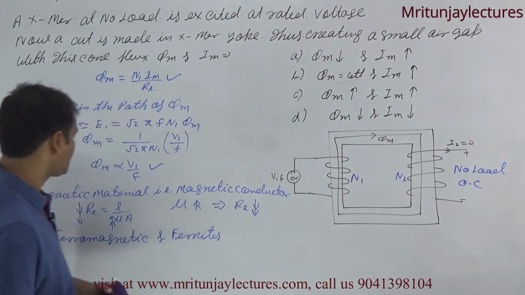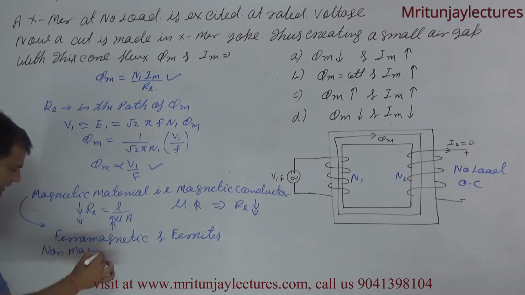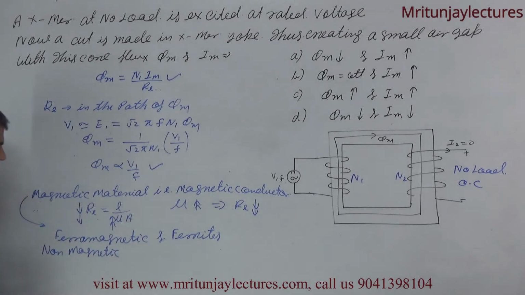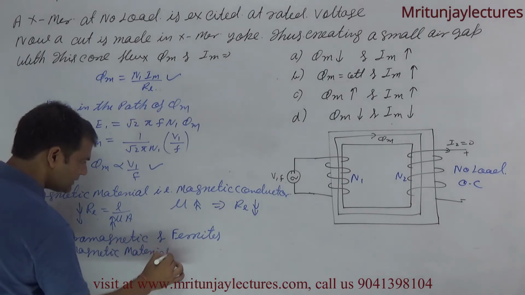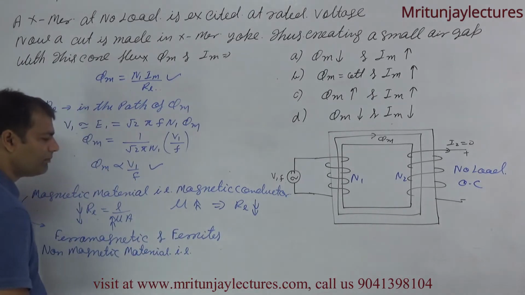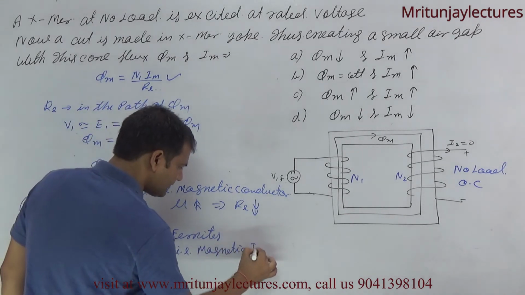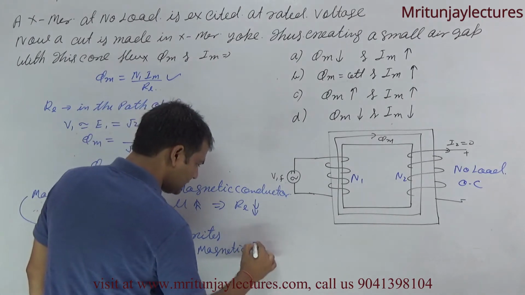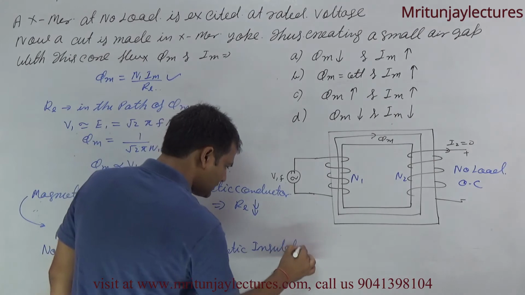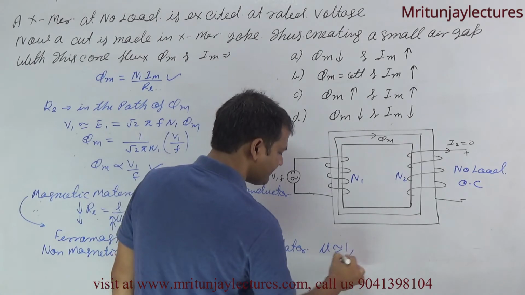in case of non-magnetic materials, that is magnetic insulator, it means mu is closer to 1.